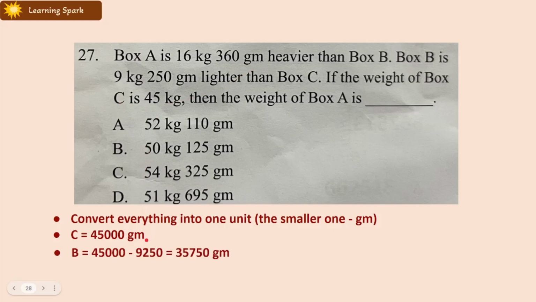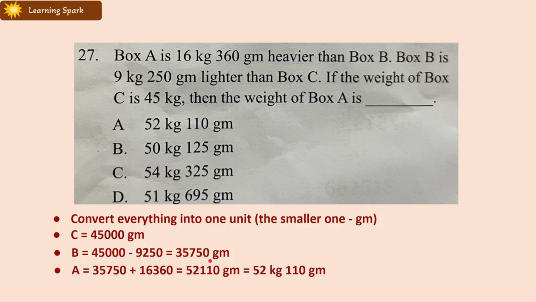The weight of B will be 45,000 minus 9250, because box B is 9 kg 250 gram lighter than box C. Lighter means it is less than box C. So 45,000 minus 9250, converted again into gram, equals 35750. This is the answer.